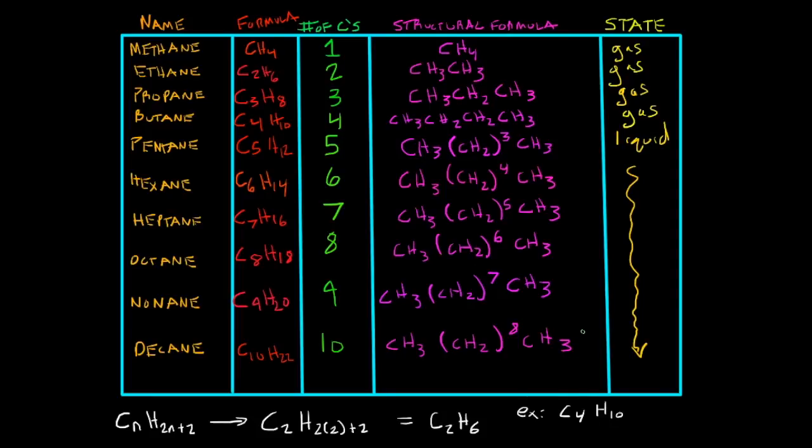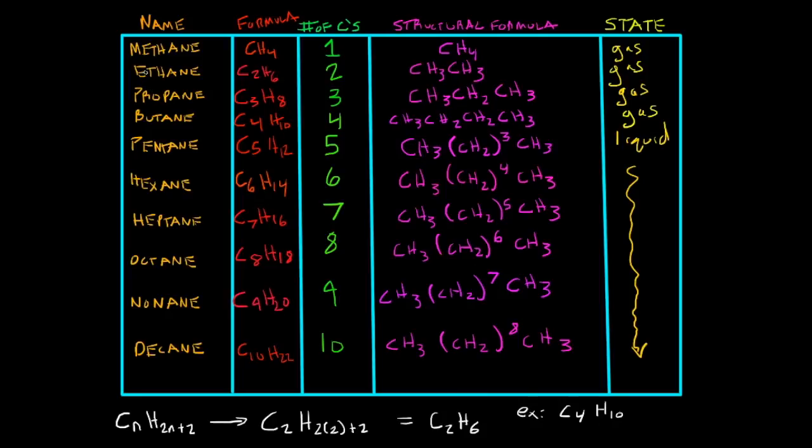So that is the basic naming formula and physical state, all at standard pressure and temperature for linear alkanes, because the state can change if you change the pressure or the temperature. This is a standard chart that is very useful when you're drawing organic compounds that use these linear alkane chains.